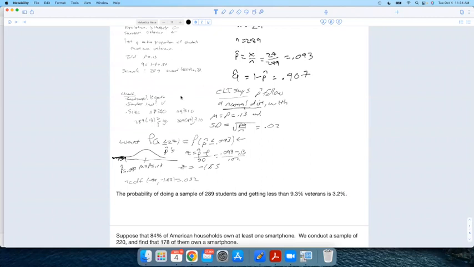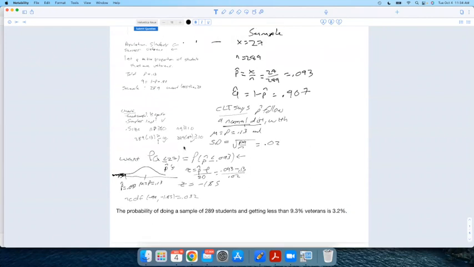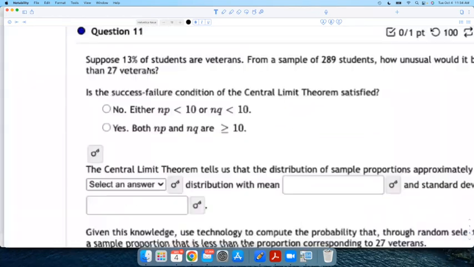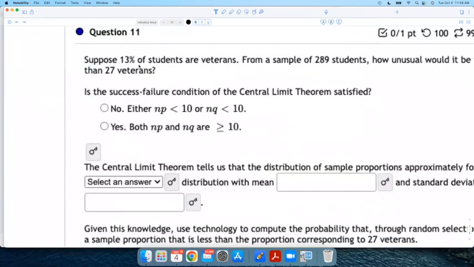So it happens, but it might mean that maybe your sample was a biased sample and didn't have as many veterans as it should have because you did your sampling wrong. Or maybe it means that your original assumption, which we started all this with, maybe that number has changed now and we just didn't realize it.